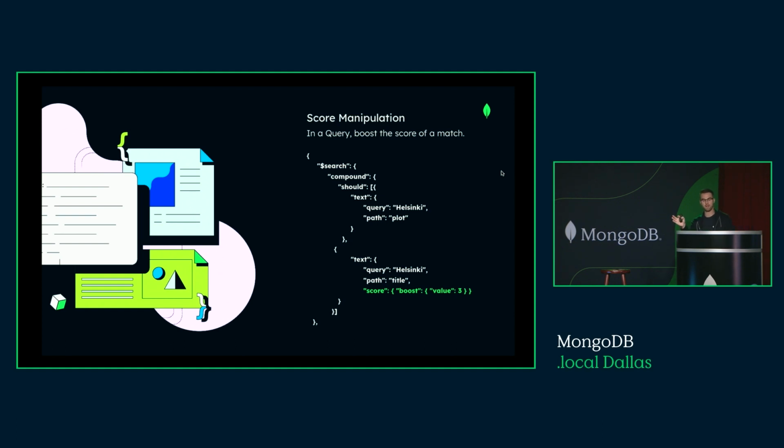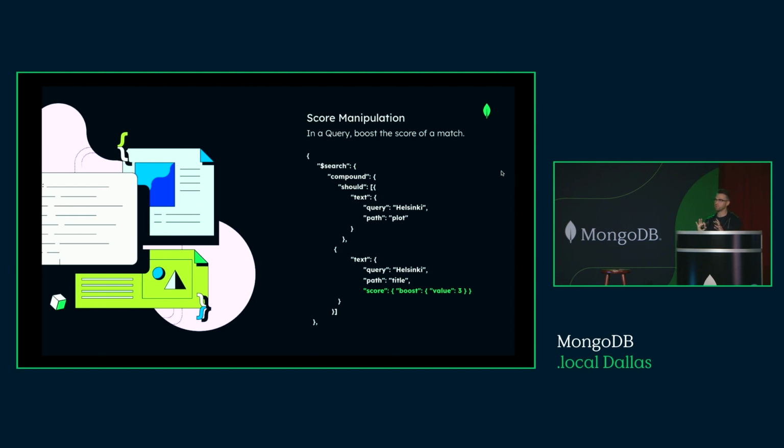You'll see in the example, if we were searching for Helsinki in the plot field, what we want to do is give the results auto-completed for finding Helsinki in a plot. But if we type in the whole word, we do want to match on the title as well and give it a boost. So an exact match on that full word does come to prominence at the top of your results.